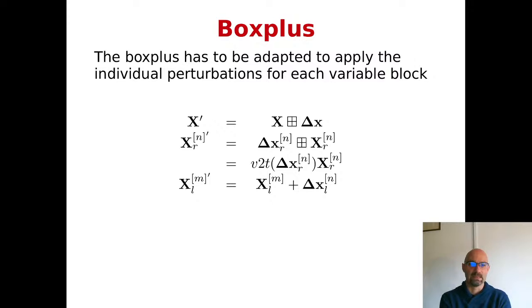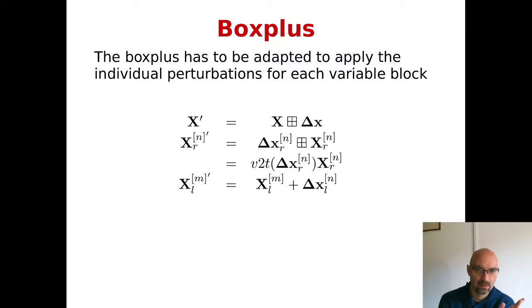So given my state, this huge data structure which contains all the transformation matrices and all the landmark vectors, and given a perturbation vector that is also quite large, it applies this perturbation vector to this data structure, and it returns another data structure, or maybe the same doing side effect, obtained from the previous one by applying the individual perturbation to each corresponding element.